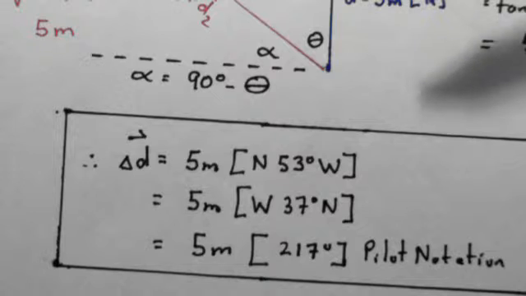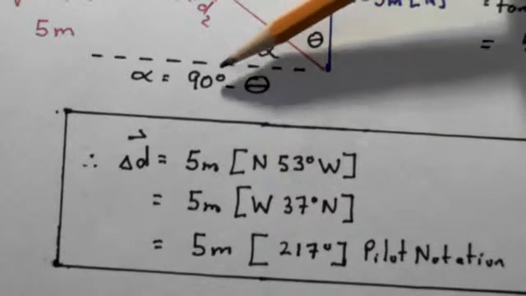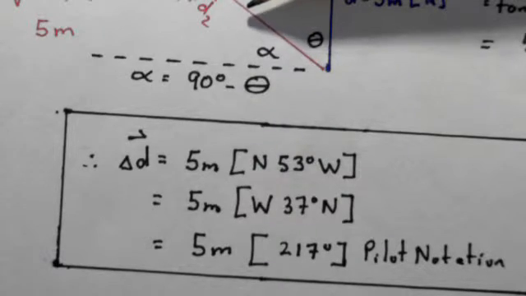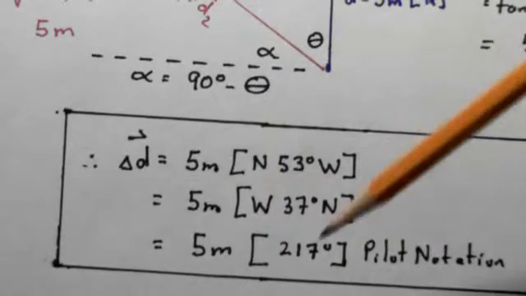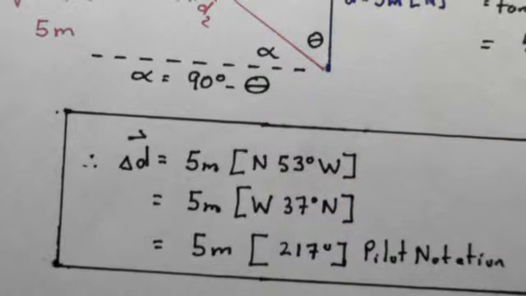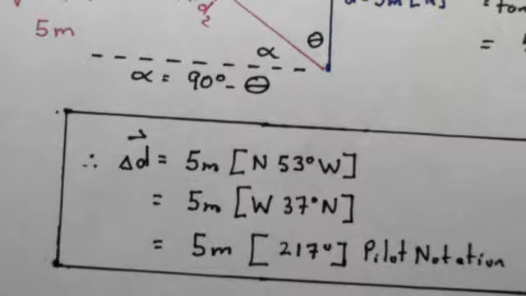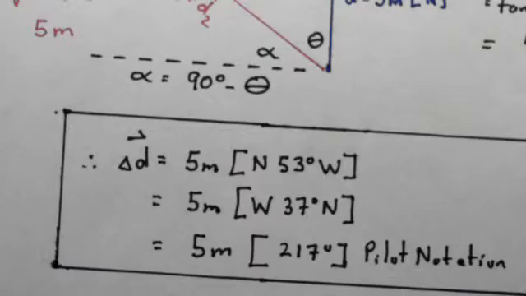You could say that it's 5 meters west, 37 degrees north. Or you could say it's 217 degrees, which is pilot notation, which starts at north and then goes all the way around. If anybody's going to ground school right now, you know that notation very well.